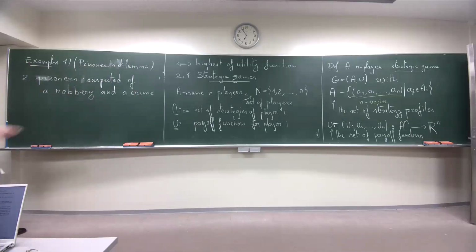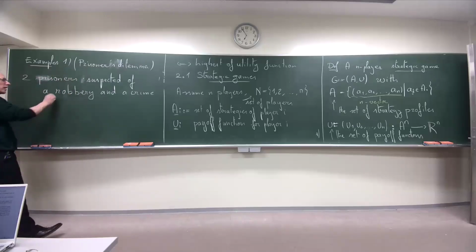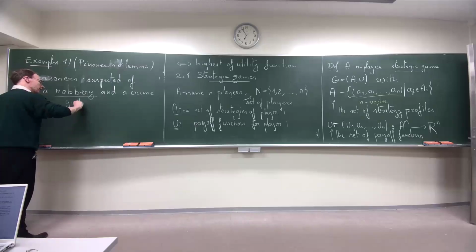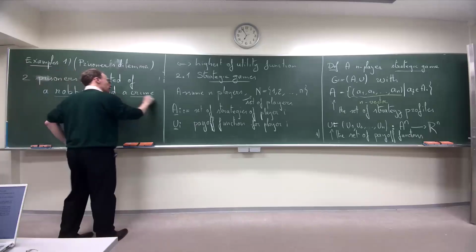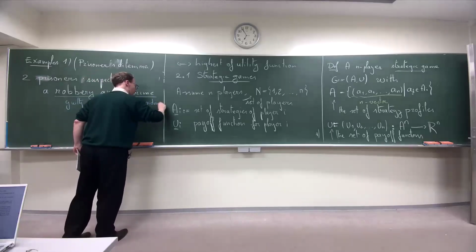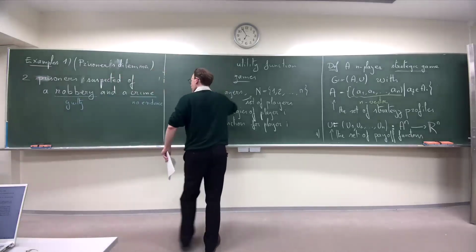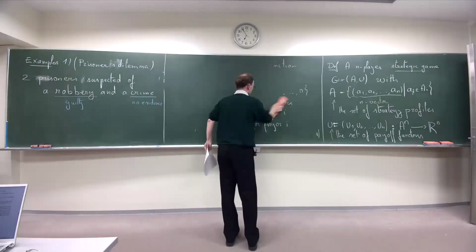We know that they are guilty of the robbery, but we have no evidence that they committed the crime. So this is the setting: two guys in prison, separated, not together.